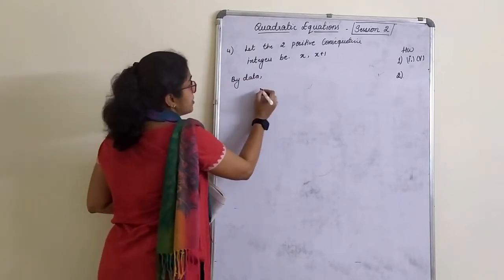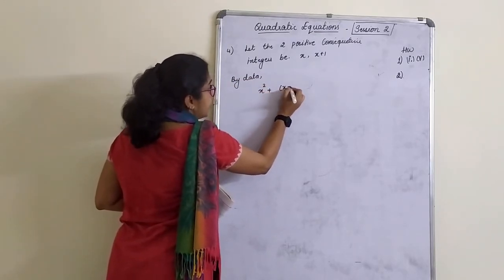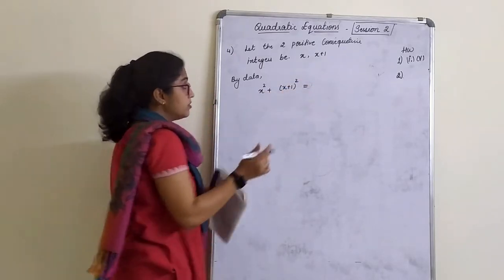So x square plus (x plus 1) whole square is equal to 365.